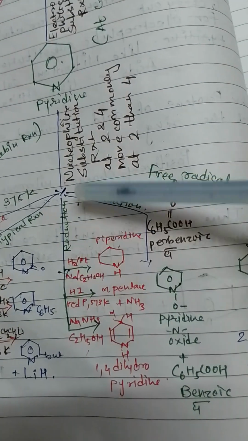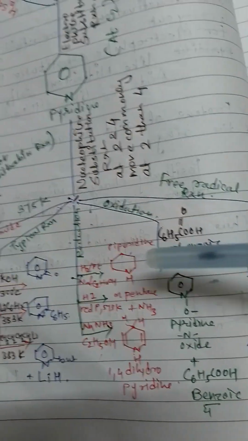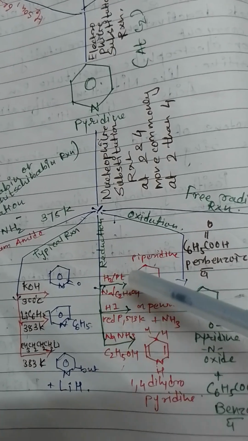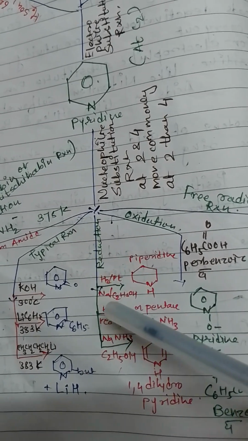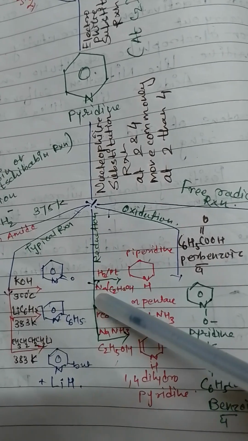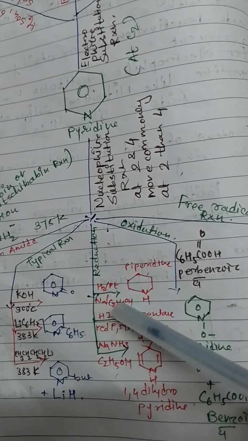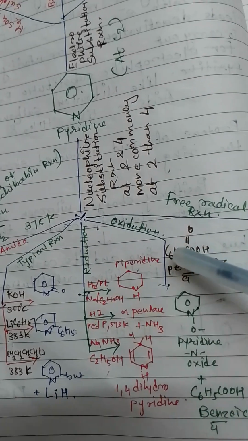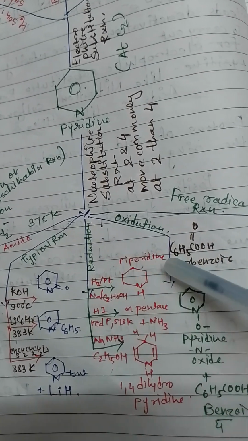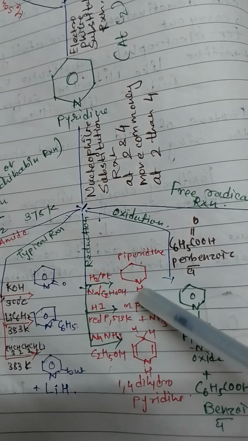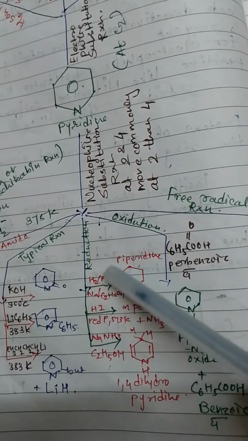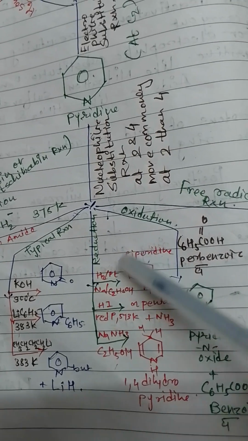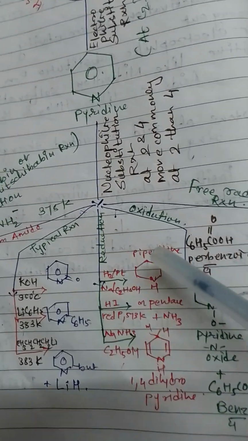Now it also undergoes reduction reaction. In presence of platinum, or sodium metal and the base C2H5OH, that is ethanol, it will get converted to piperidine. See, all the carbons of the pyridine ring are saturated with hydrogen.